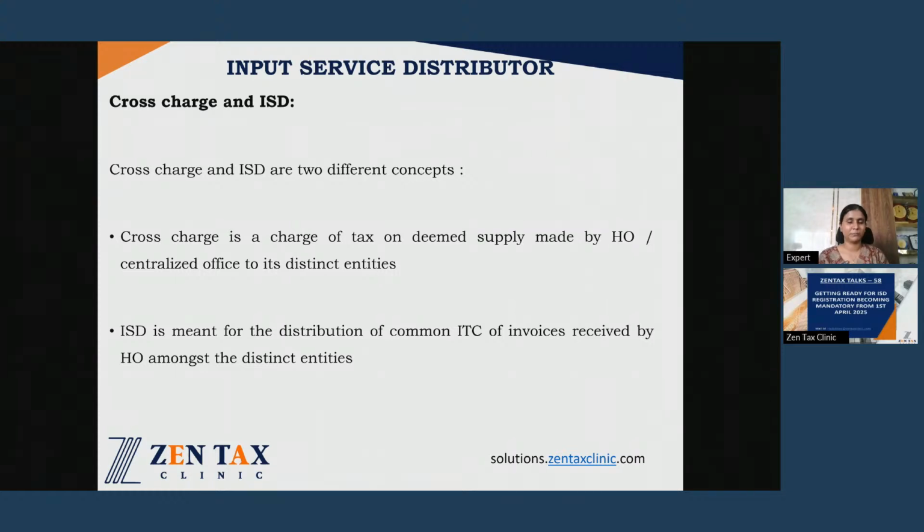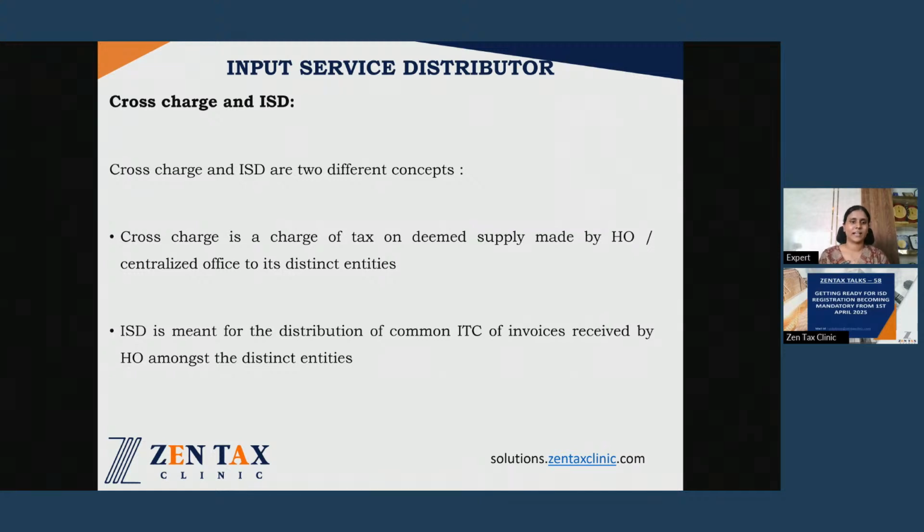Before the mandatory implementation of ISD, there was a lot of ambiguity between cross charge and ISD. So now it is clearly clarified that ISD provisions will be applicable with respect to input services. So we will have an understanding of what a cross charge is.